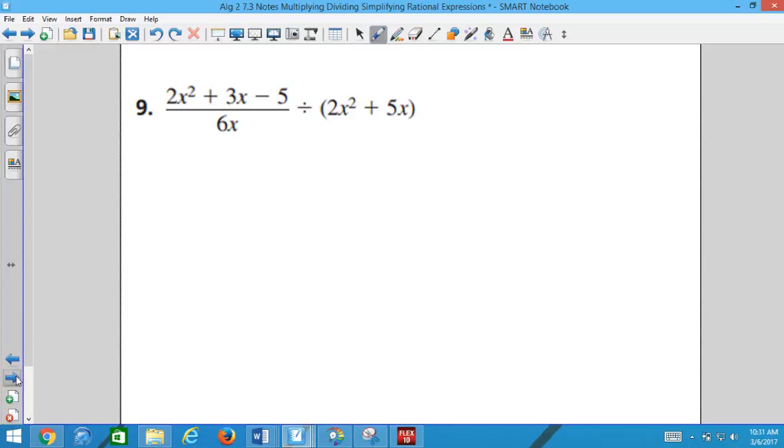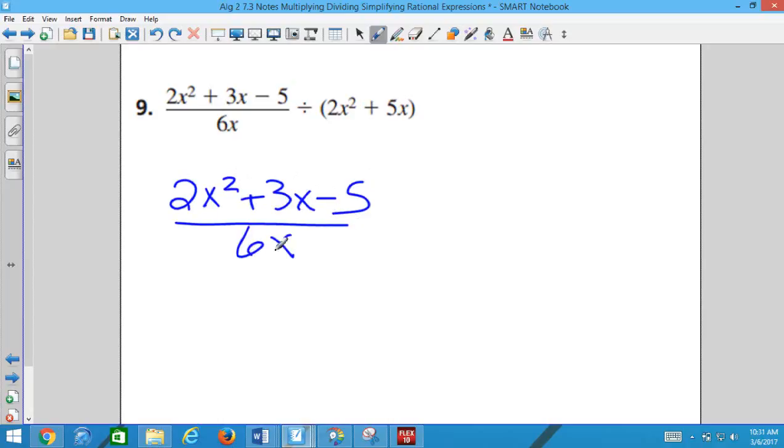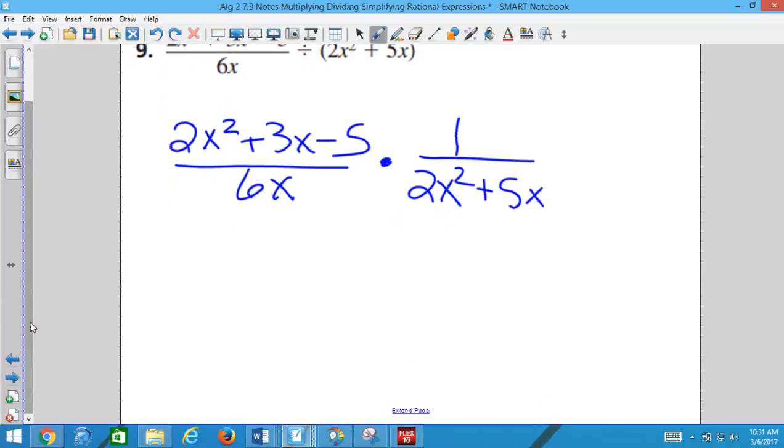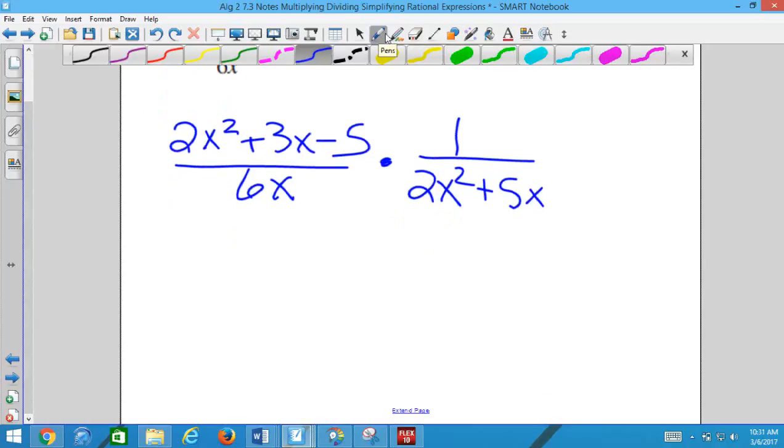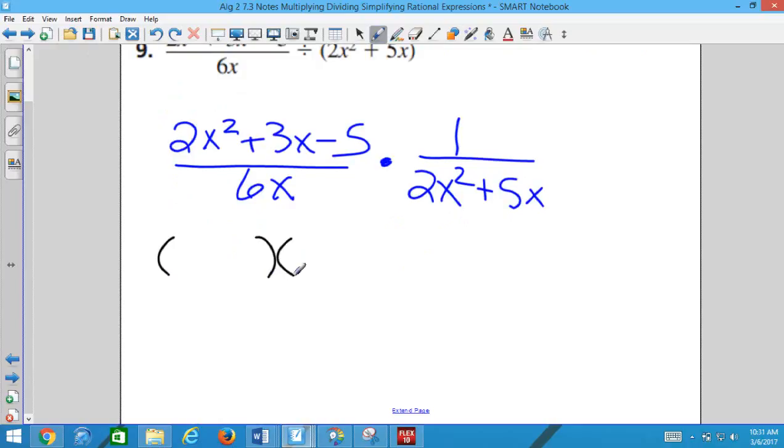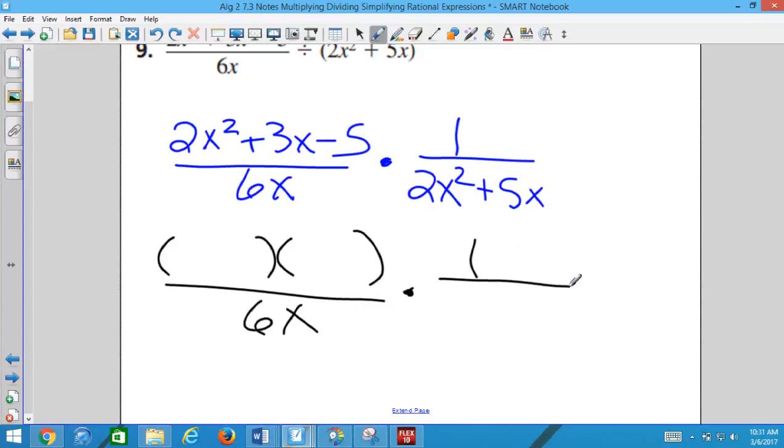Okay, I'm gonna do number 9. We're gonna have 2x squared plus 3x minus 5 over 6x multiplied by 1 over 2x squared plus 5x. When you guys go to factor it, in the denominator, I'm going to factor out an x from this one.